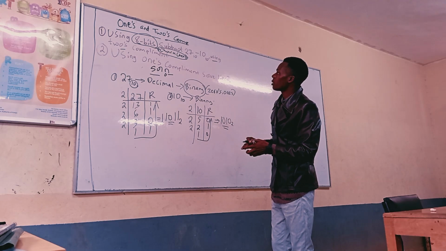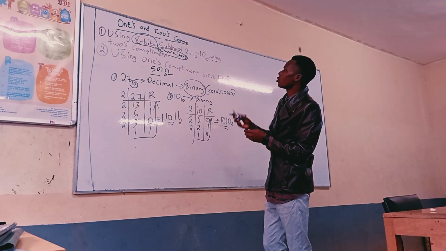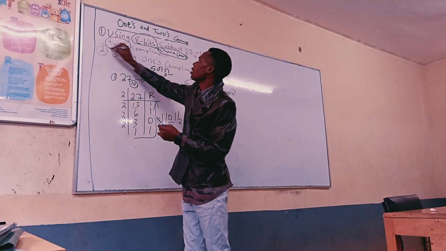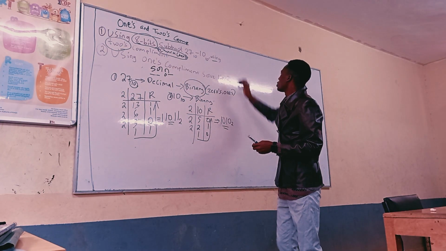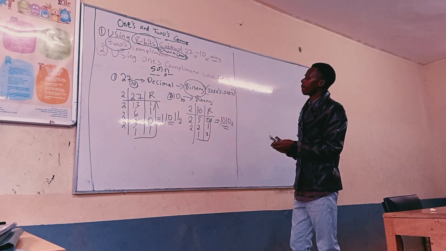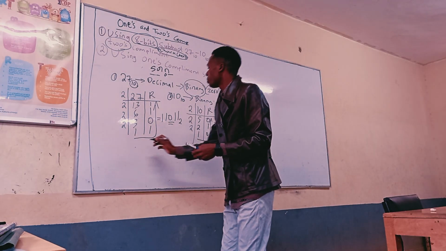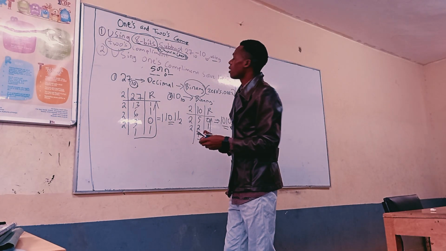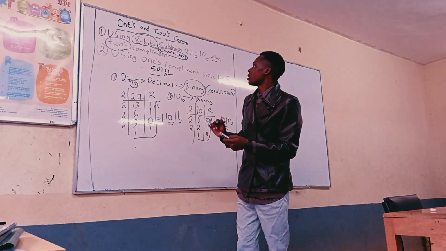So having the two numbers, we are told to use the 2's complement. The question says use 2's complement while using 8 bits. So let me use that. Let's write the numbers vertically, the two terms.